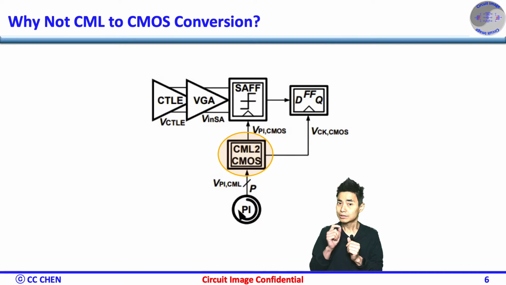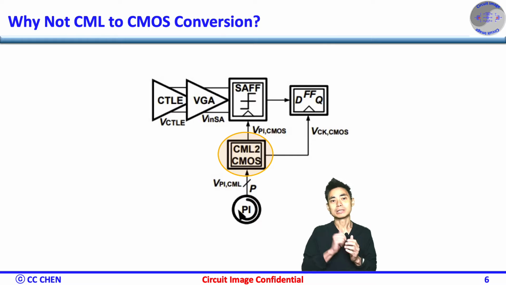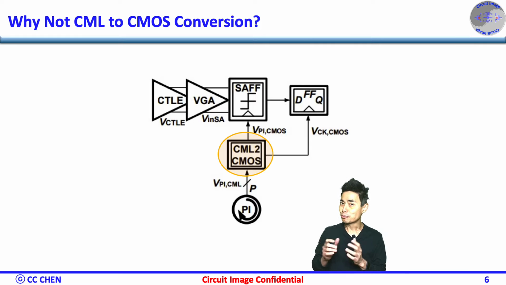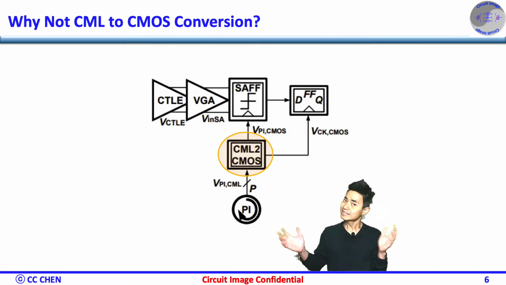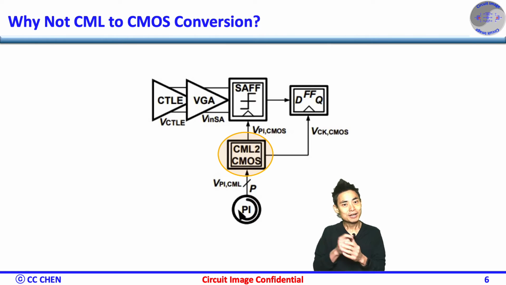To make the signaling compatible, you must apply a CML to CMOS conversion, which seems doable. But any issue with the signal level conversion block from CML to CMOS? Correct. Phase distortion. From a low swing converted to rail-to-rail CMOS, the phase distortion could reduce the phase linearity, which conflicts with the original motivation of a high linearity CML PI.